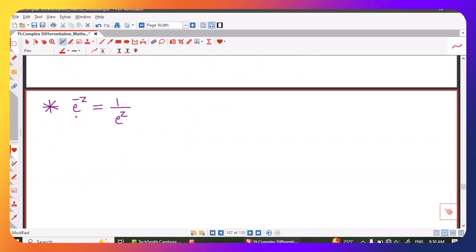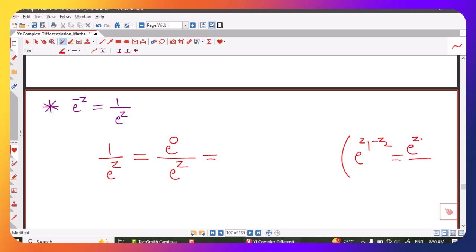Now we prove that e to the negative z can be rewritten as 1 divided by e raised to z. To prove this, we start with the right hand side, and as I discussed, we can write 1 equal to e to the power 0, and e raised to z as it is. Now using the property e raised to z1 minus z2 equal to e raised to z1 divided by e raised to z2, we have this form, e raised to 0 divided by e raised to z.